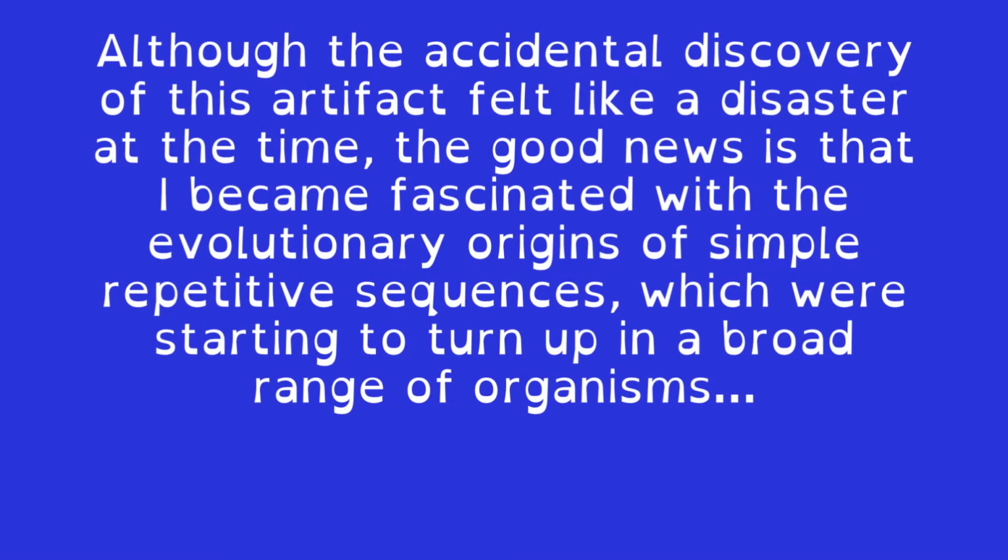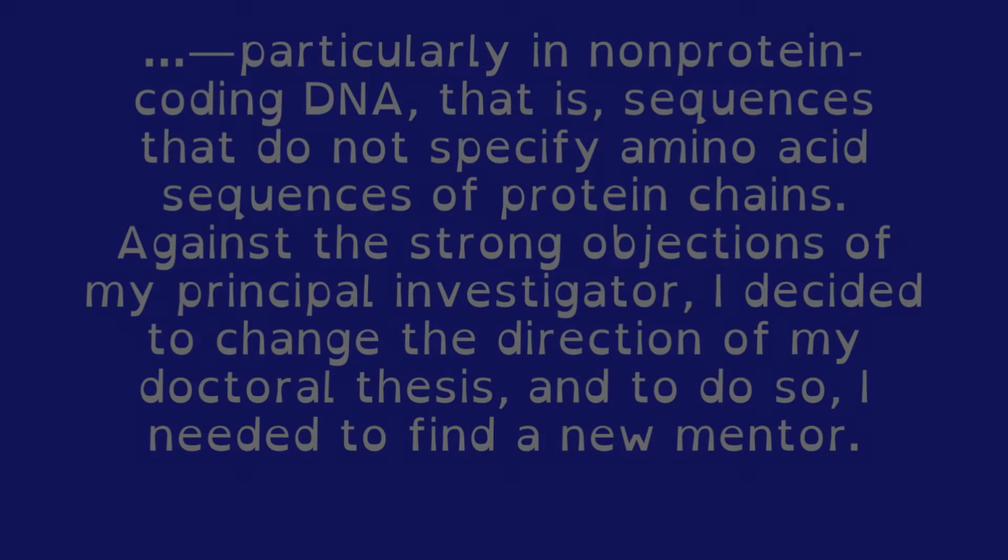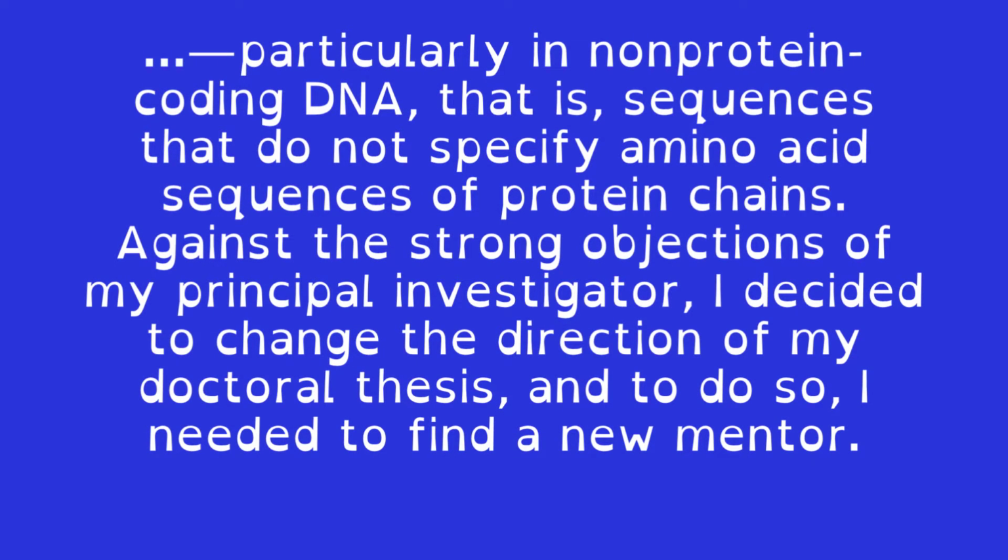Although the accidental discovery of this artifact felt like a disaster at the time, the good news is that I became fascinated with the evolutionary origins of simple repetitive sequences, which were starting to turn up in a broad range of organisms, particularly in non-protein coding DNA, that is, sequences that do not specify amino acid sequences of protein chains.